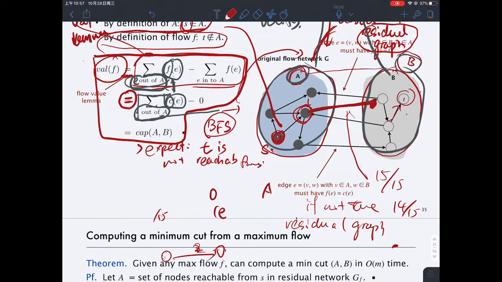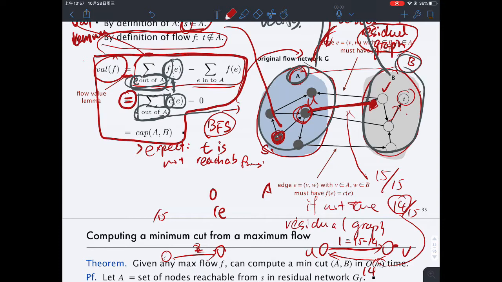Let's call this U and this V. I want to decide the weights of the two edges, from U to V and from V to U. From V to U is straightforward: I can just copy the 14 here. From U to V it would be 1, which is equal to 15 minus 14.